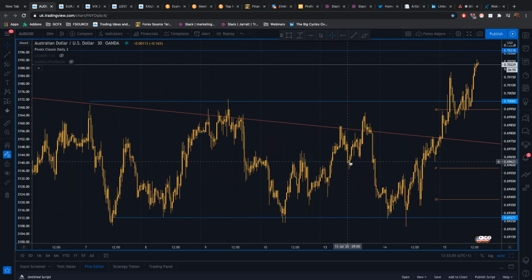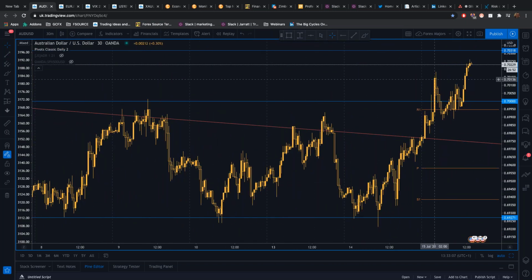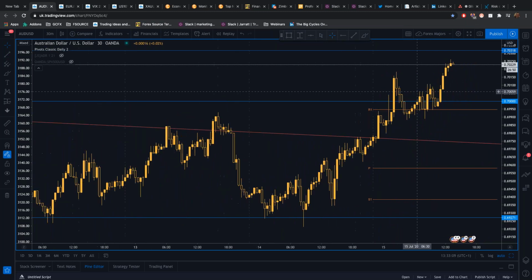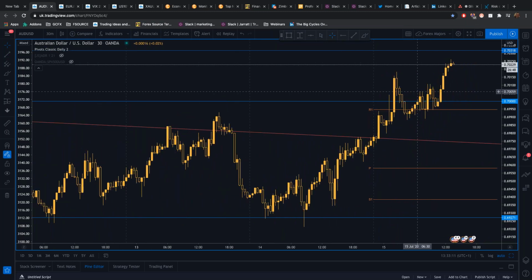The reason we're seeing some upside in the Aussie US dollar pair today is there are three reasons. First of all, we had some positive news from the company Moderna, who had some positive vaccine trials. 45 or 46 people involved in their clinical stages showed some evidence of antibodies, which was a promising sign in terms of the trial.